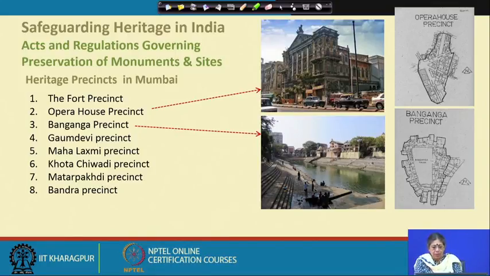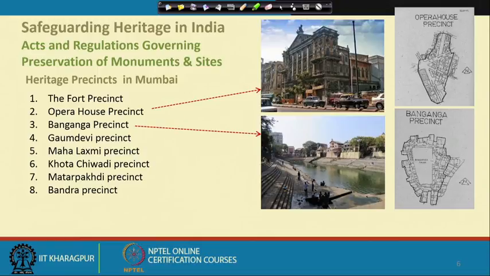Like, you see the Banganga area, it is actually a water body around which there are special activities, special types of built forms. It has a different, sacred significance, and that is why each and every area has been declared a special precinct under this regulation.